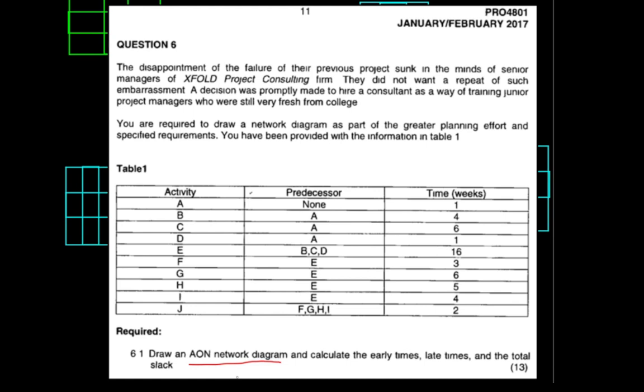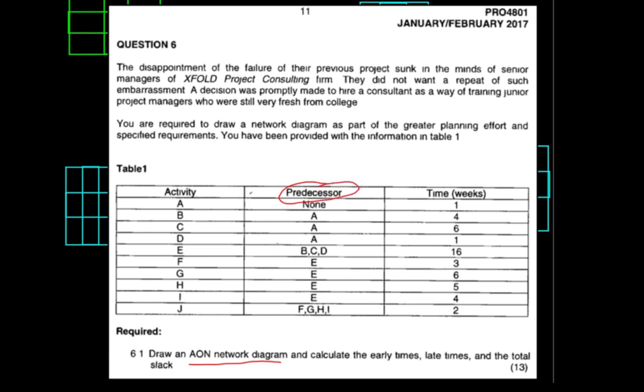So we're just going to look at them quickly. First of all, it can be seen from the activities that we have right here. We've got activity A up to J. It simply means that in this project, we have activities that start from activity A up to activity J.